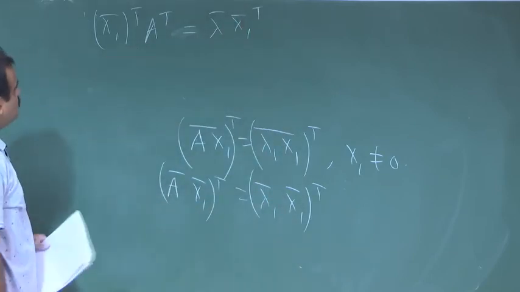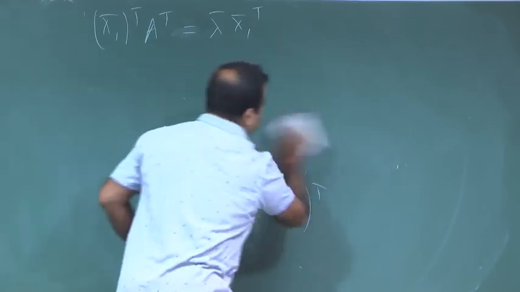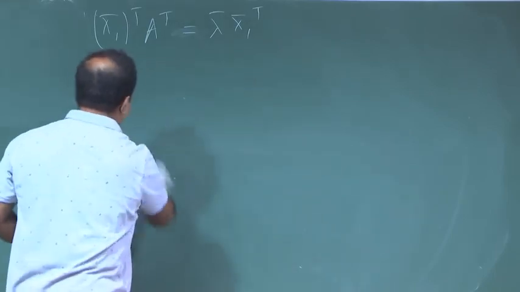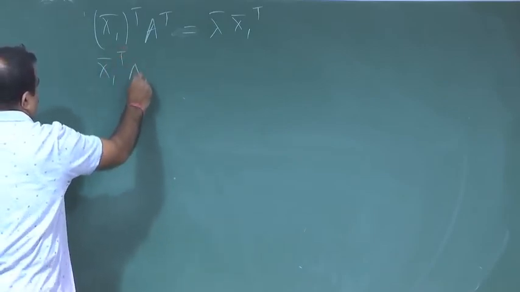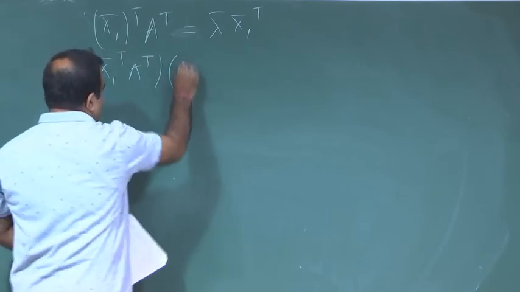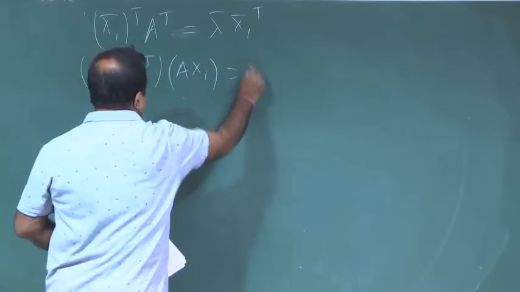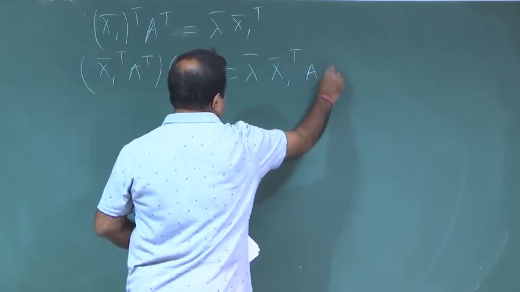Okay. Now, we multiply both sides by A x 1. So, x 1 bar transpose A transpose A x 1 equals lambda bar x 1 bar transpose A x 1.